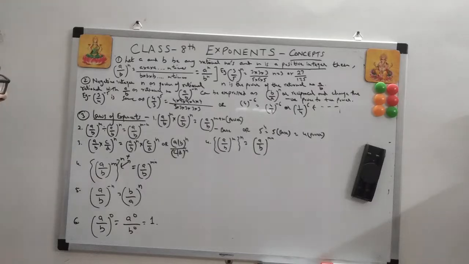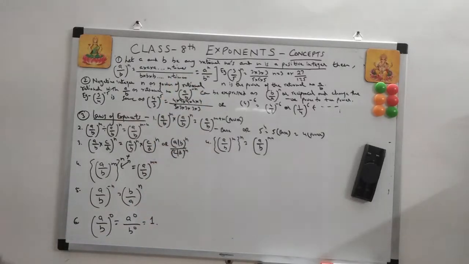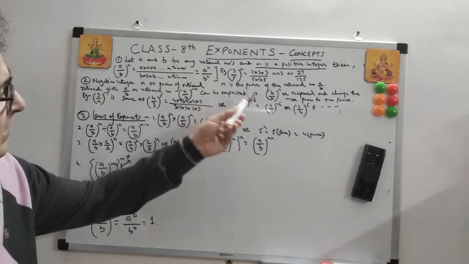So I hope it's clear to you. So basically these are the 6 laws, and the main thing in an exponent is a upon b to the power n, and it can also be just a number, suppose a to the power minus n.